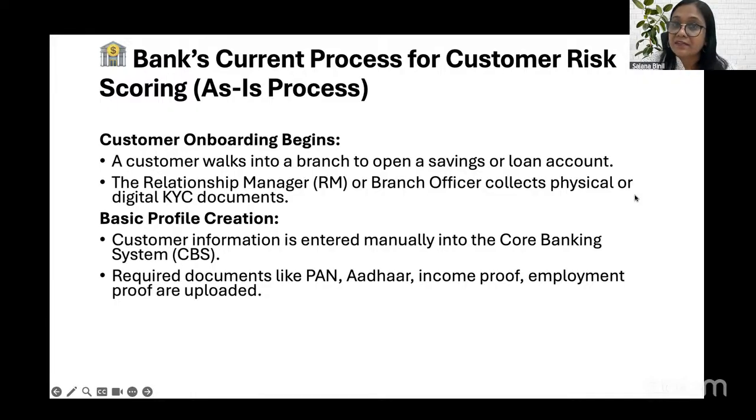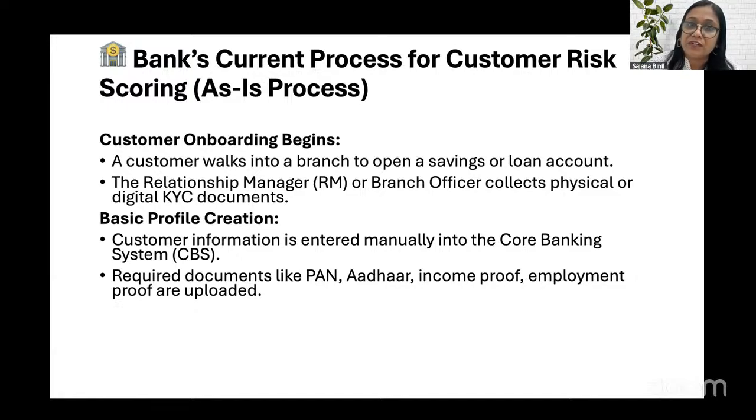So, the bank's current process for customer risk scoring, the as-is process. A customer walks into the branch to open a savings or a loan account. The relationship manager or the branch officer, whoever was there on the desk, collects the physical KYC documents.